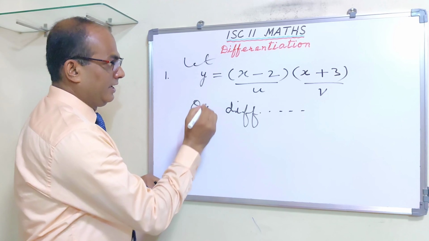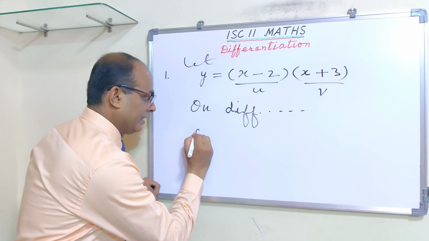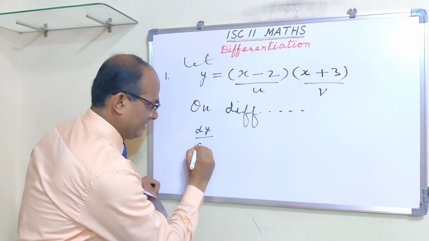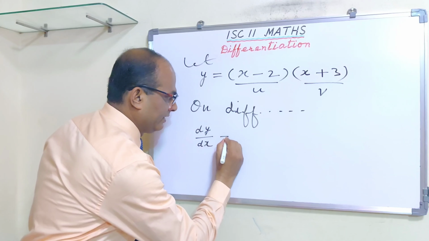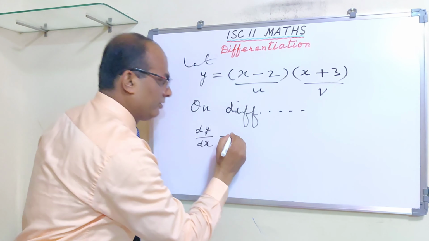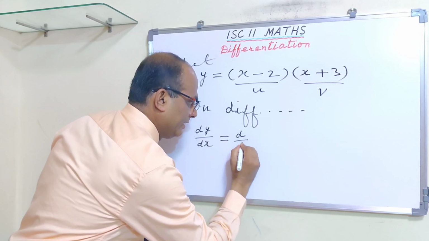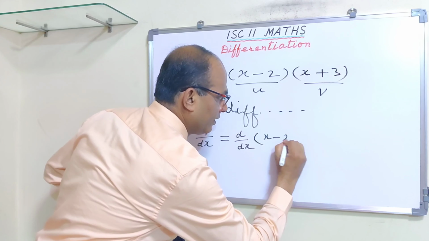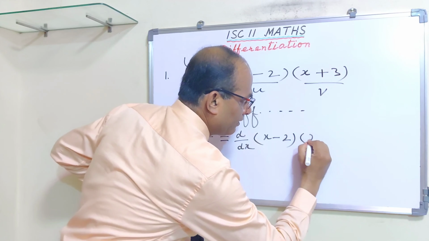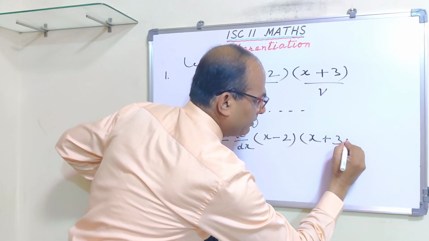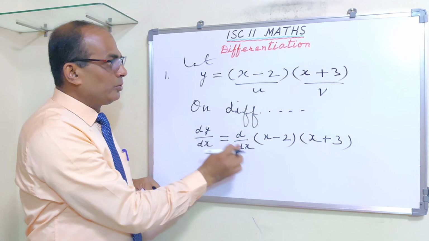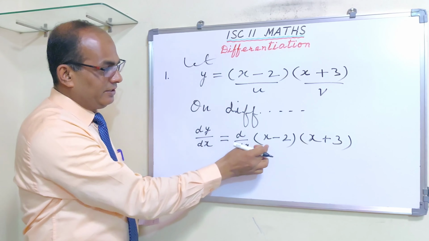So dy upon dx, and this is equal to d/dx of (x minus 2)(x plus 3). Nothing I have done, only I have written d/dx on both the sides: d/dx of y and d/dx of this.